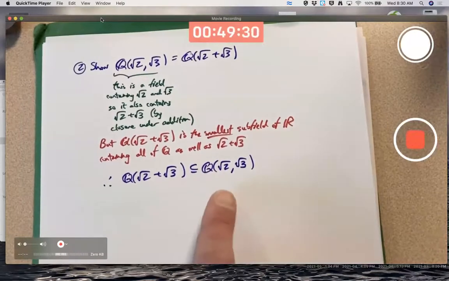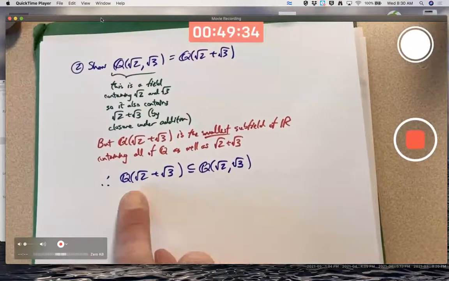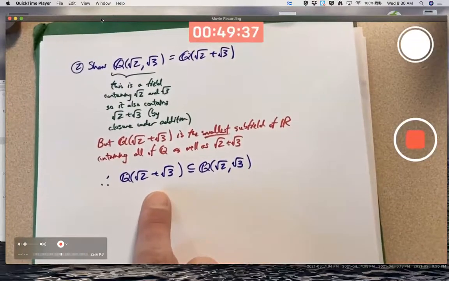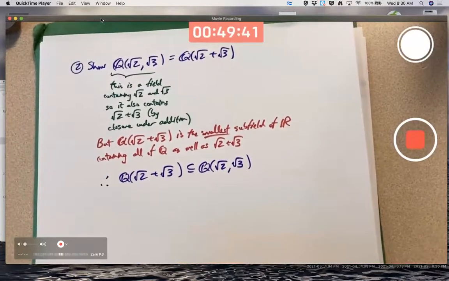The harder inclusion is the other one. So this thing is a subset of that thing.